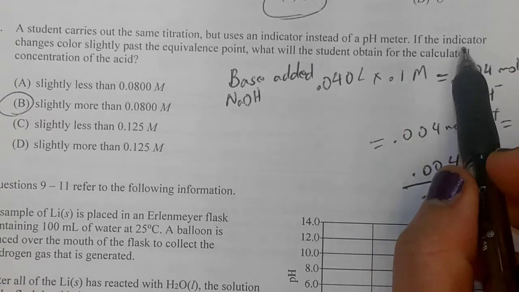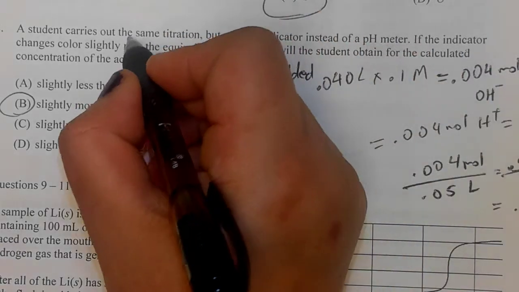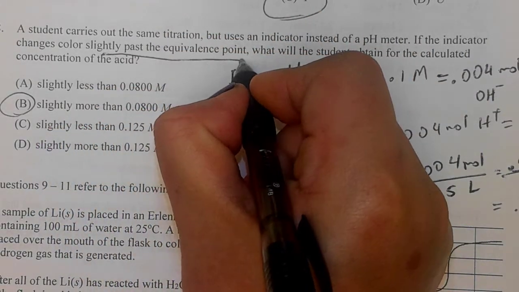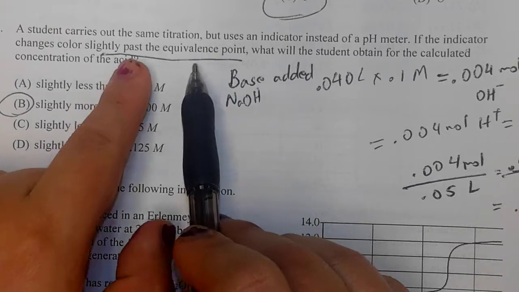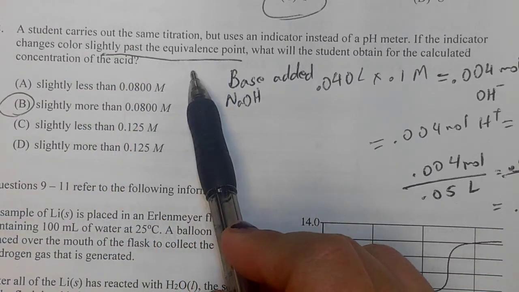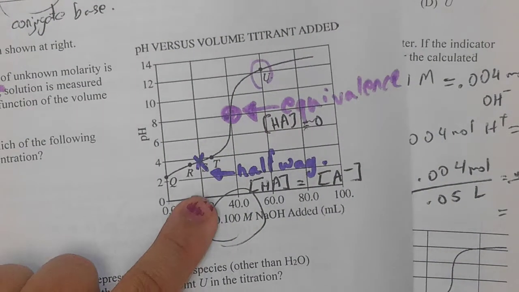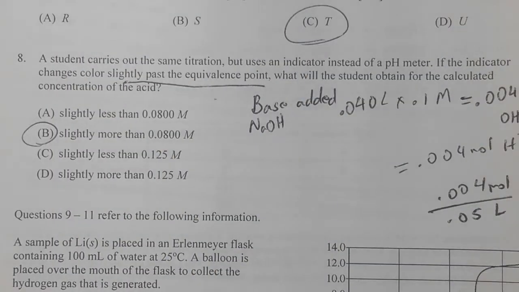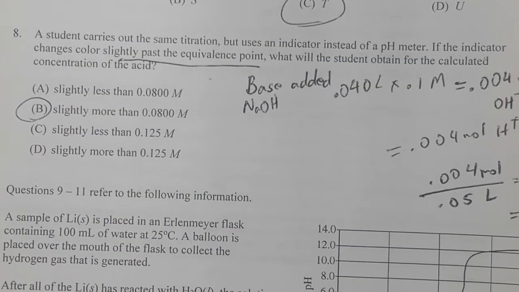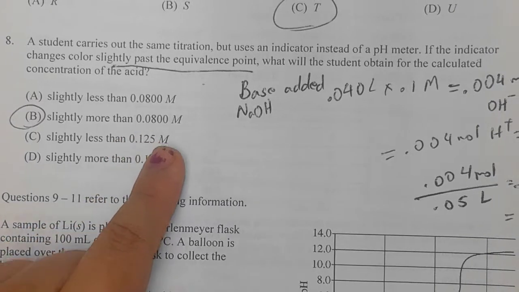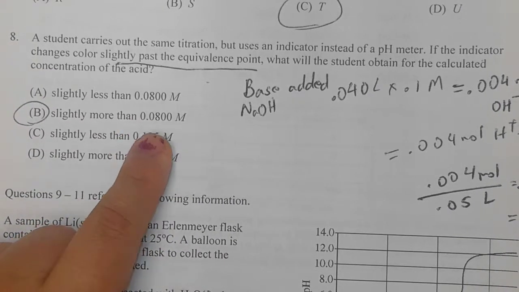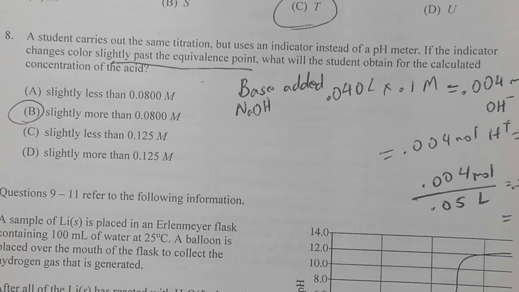Okay, so what did they say here? Indicator is past the equivalence point. So that means the moment you see it, it is already past it. So the so-called 40 is after, right? Therefore, your acid is probably slightly more concentrated.